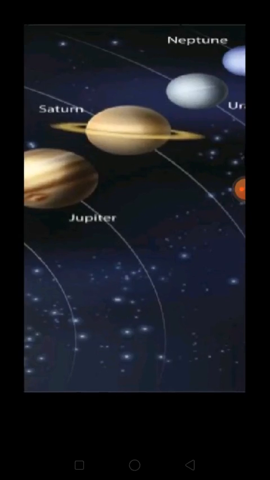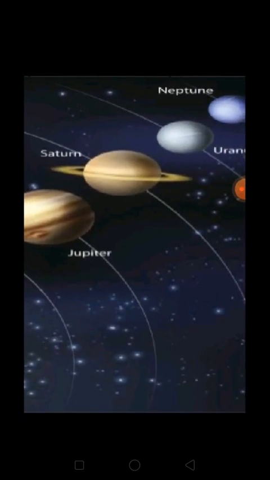Whereas the outer planets, Jupiter, Saturn, Uranus, and Neptune, have a greater number of moons. Some of them even have a ring system around them and a large number of moons.